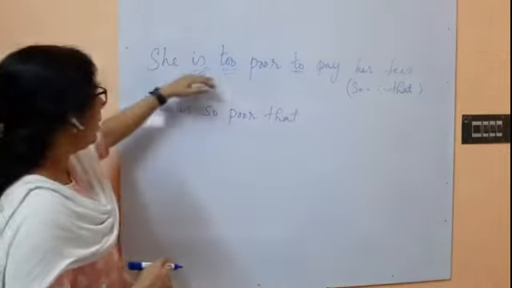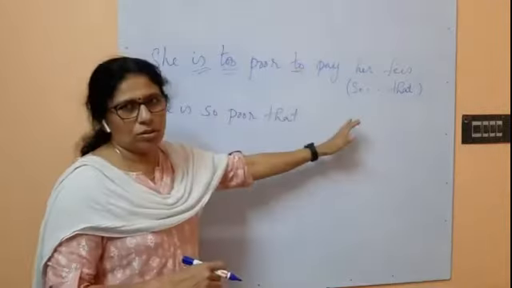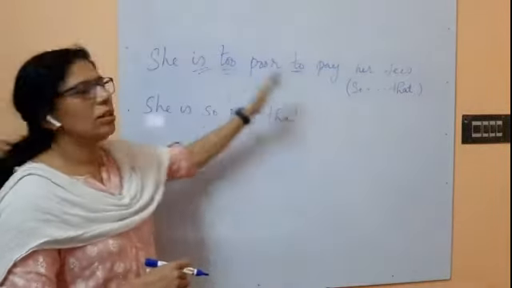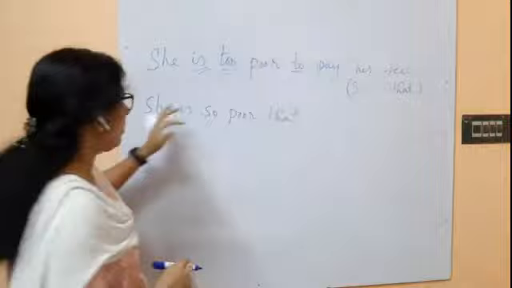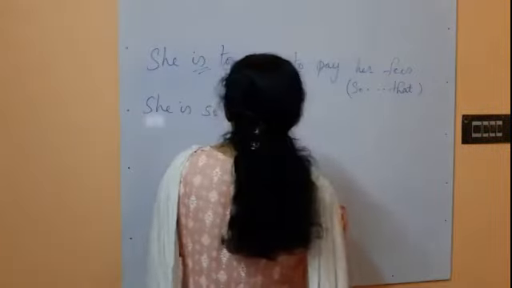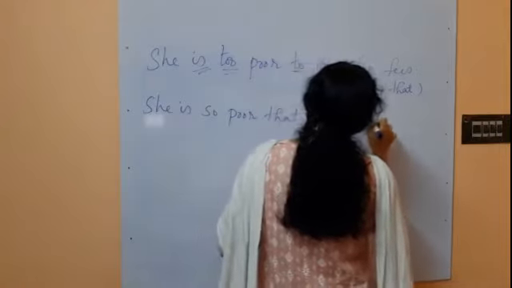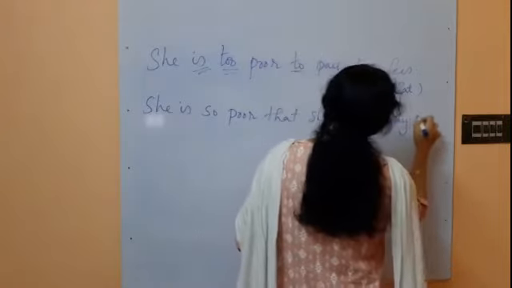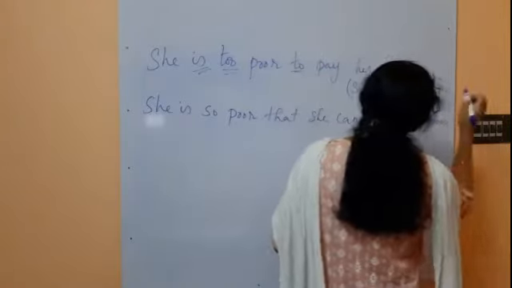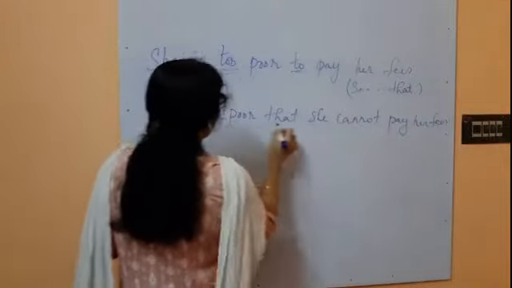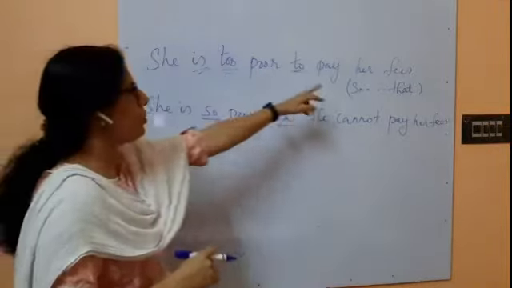According to the tense of the sentence, she can or she cannot, could not. Okay, so if it is present, cannot. If it is past, could not. Same sentence I will write with both the tenses, then you will understand. She is so poor that she cannot pay her fees. Okay, so this is "so... that." She is too poor to pay her fees.